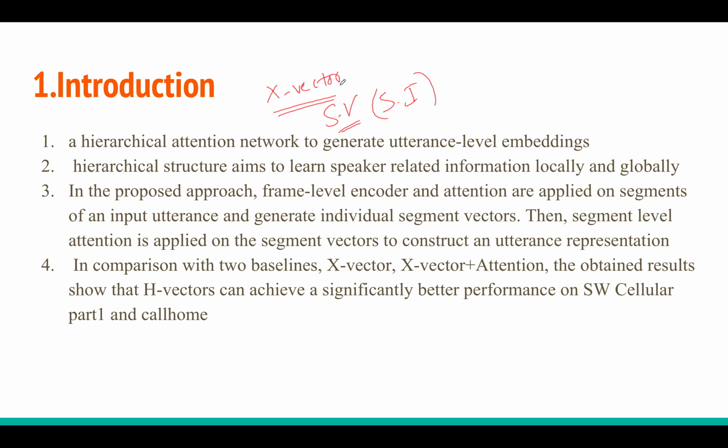The idea of this X vector is to create a robust neural network which can give you an utterance level feature vector, which can be of any dimension. Let's assume a 512 dimension vector for every speech utterance.